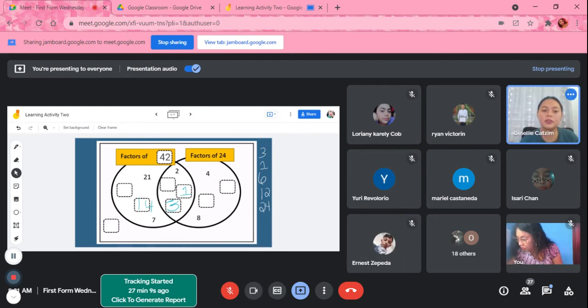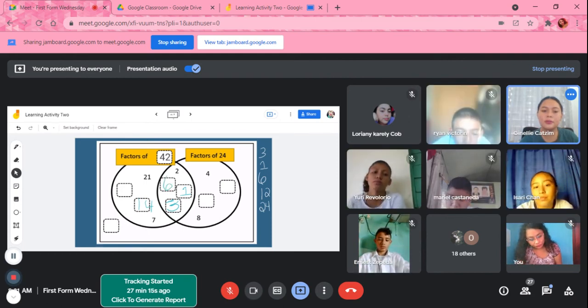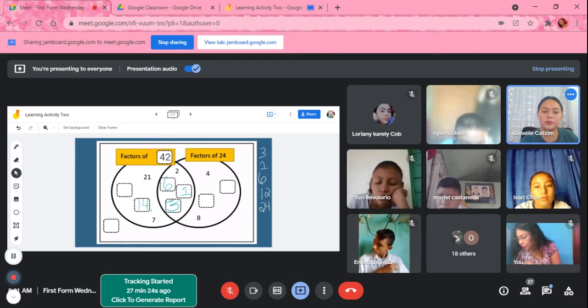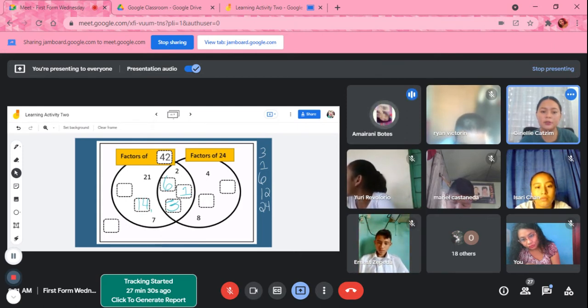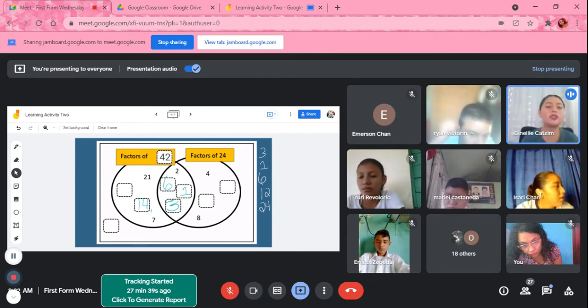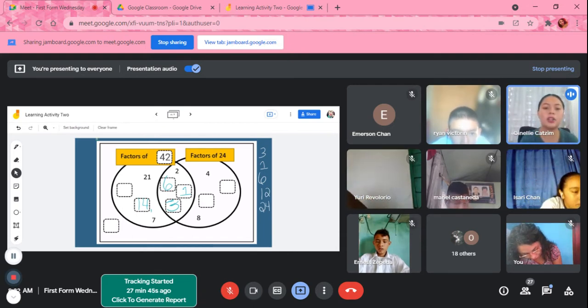And the last one there will be 42, which are the ones in the center, the factors of 42. We can complete the diagram by inserting the factors of 24 that are left. So we have 12 and 24, right?